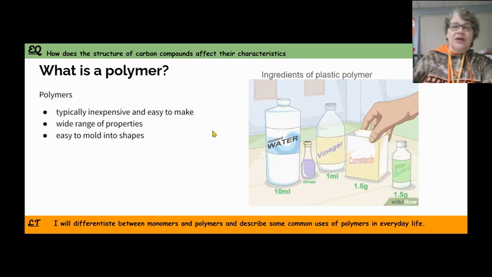For example, plastic is a polymer, where plastic can be hard or it can be bendy. But then also slime is a polymer. So that means that polymers can also be gooey, right? And not necessarily hard. And then most polymers are easy to mold into some sort of shape.